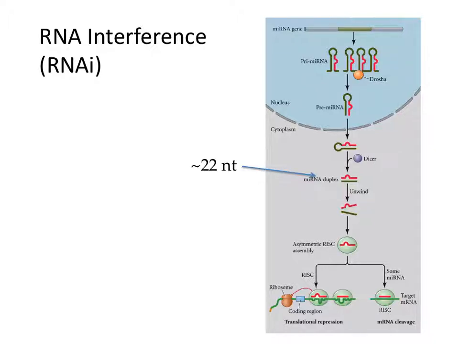Plants do a version of RNAi that's not the same as this RNAi mechanism. So there are lots of different tricks that organisms have evolved over time to try to prevent invading RNA basically from getting into their cells and their genomes.